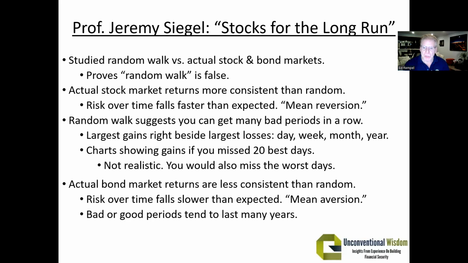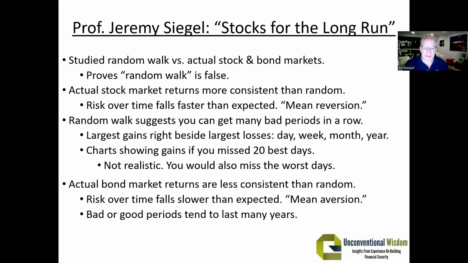When you look at stock market history, you see the largest gains are right beside the largest losses. The biggest day, week, month, or year is often the day after or the day before the biggest decline. There's a very definite correlation between big gains and big losses. They tend to offset, often right away, but more reliably over time.